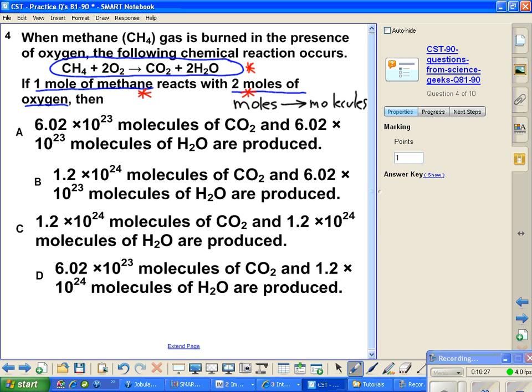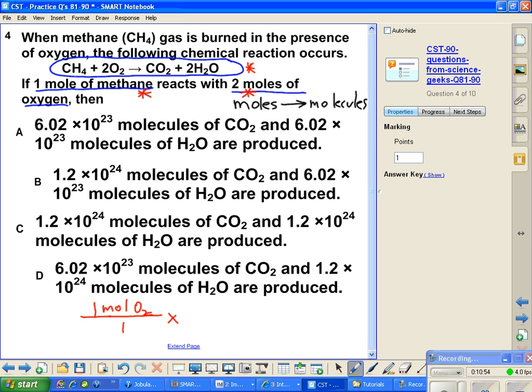All I need to do is look at the balanced equation. I will start out with 1 mole of CH4 over 1. That's my given. Now, the next thing I need to do is look at the balanced equation. Because I'm already in moles, I don't need to calculate grams here at all. It makes our problem a whole lot easier.